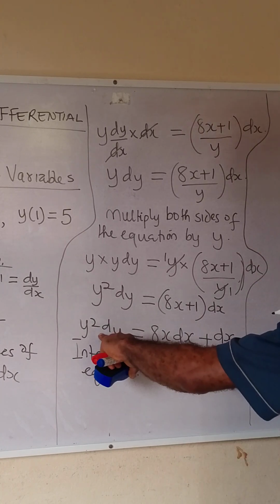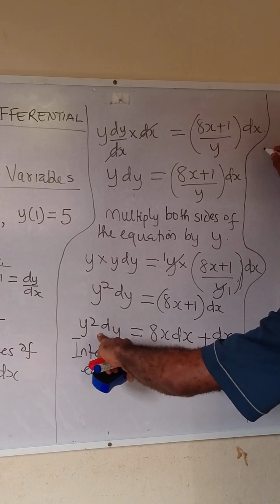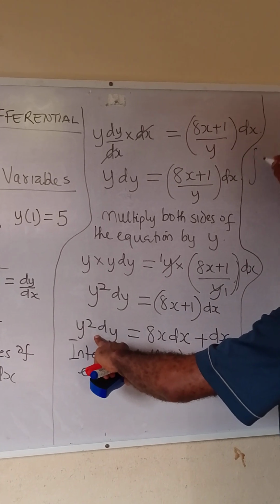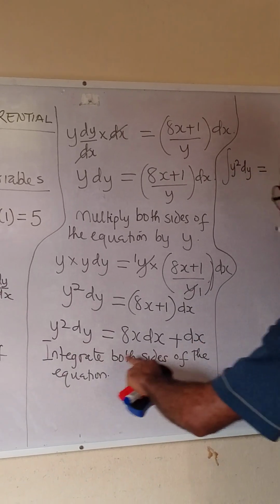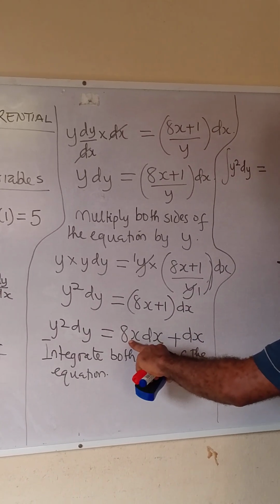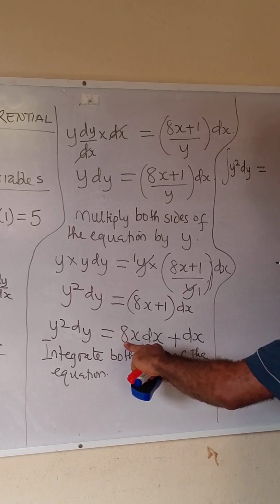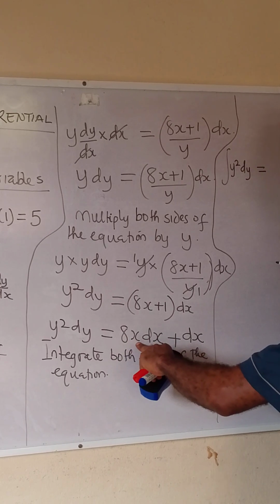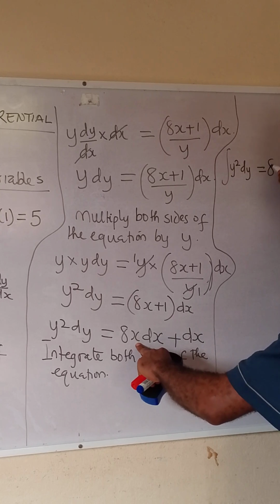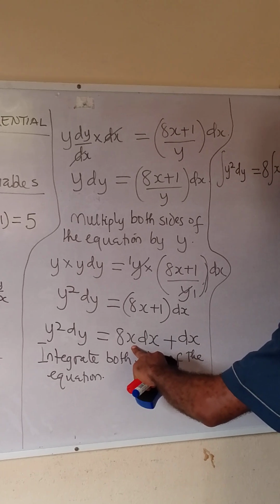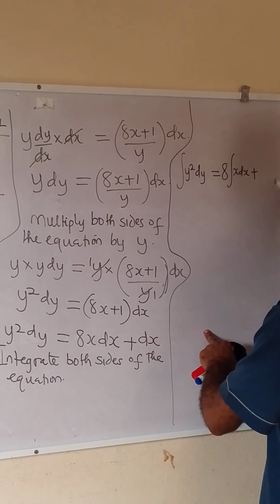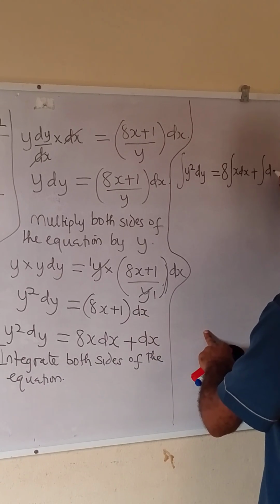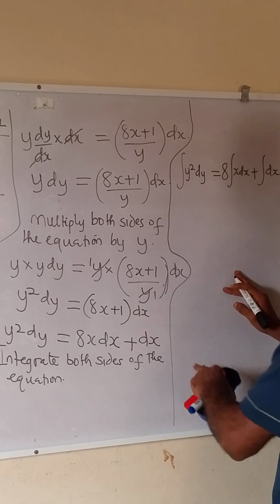So starting from the left hand side, I'll say integral of y squared dy will be equal to 8x. 8 is a constant, so I'll bring it out and integrate the variable. So we have 8 integral of x dx plus we integrate integral of dx, that is this one.